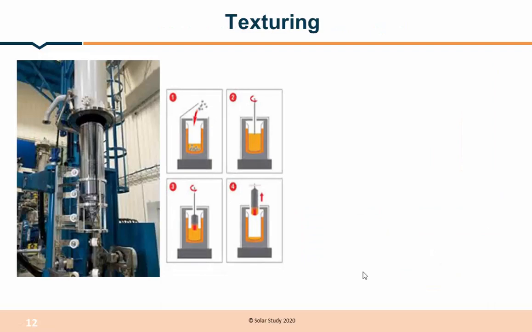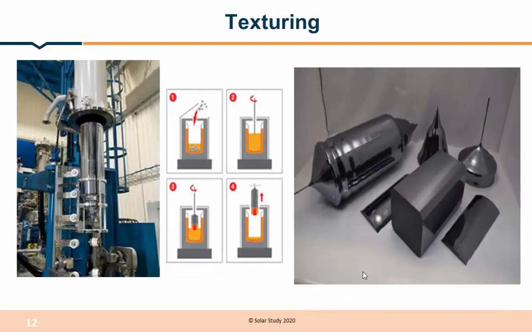So this is texturing, how it is done in the industry. You can see for texturing there will be some different kind of material they have used, like a machine containing it. First, they form different types of ingots, either cylindrical or rectangular, and they put this ingot in one chamber.